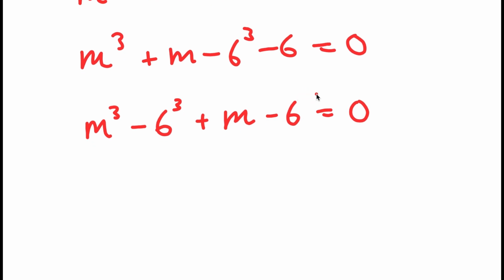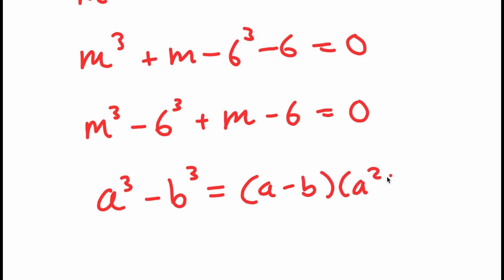Now, I'm going to bring in another property of exponents that states that if I have something in the form a to the power of 3 minus b to the power of 3, this is equal to a minus b times a squared plus ab plus b squared.